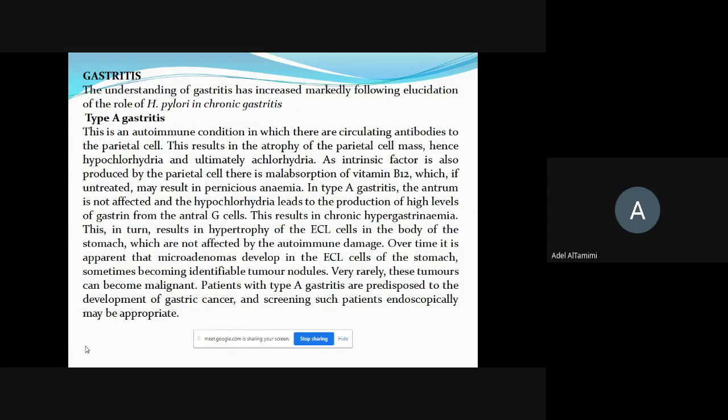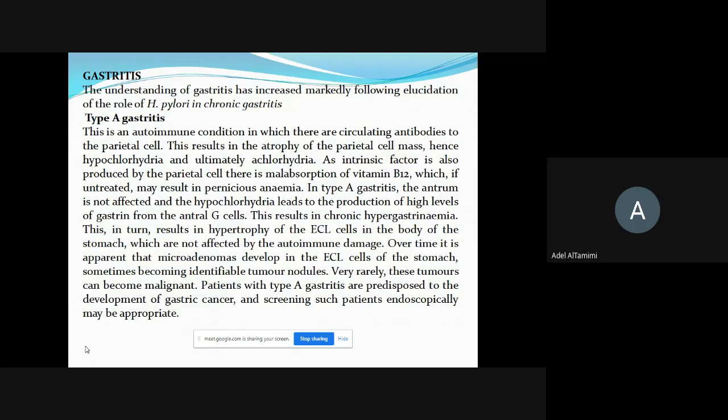Result in atrophy of the parietal cell mass and result in hypochlorhydria and ultimately achlorhydria. Achlorhydria, there is no acid secretion by the stomach at all. Hypochlorhydria, there is poor or deficient secretion of the hydrochloric acid by the stomach.